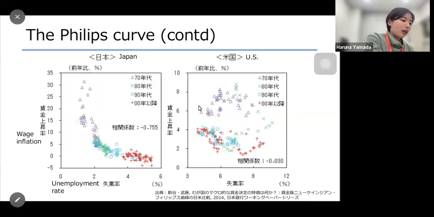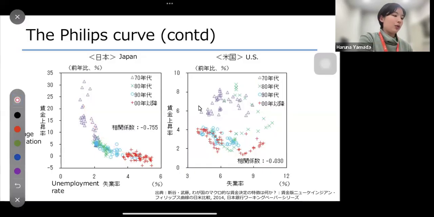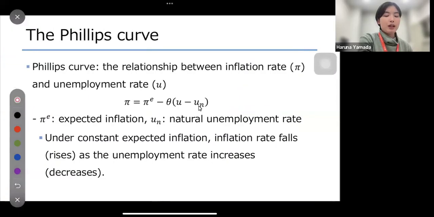But after the 1970s, inflation is relatively low. And if we see this graph, you can see that there is a downward sloping relationship between wage inflation and unemployment rate. So this is consistent with the Phillips curve we reviewed in the previous slide.